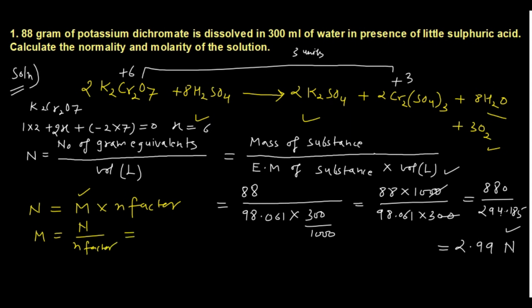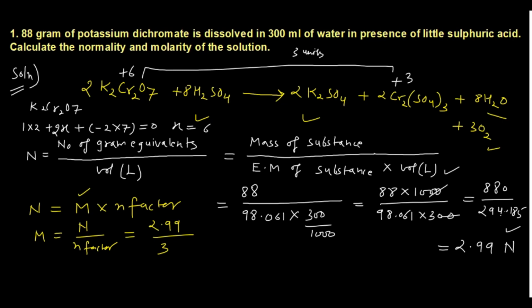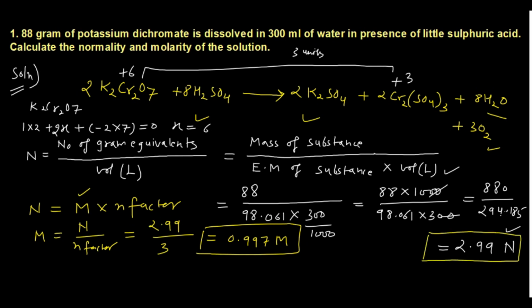Your normality you have calculated 2.99 and your n factor is 3 in that case, right? N factor is 3 for potassium dichromate when it is reacting with the sulfuric acid, okay? And when you solve this particular problem, this will give you 0.997 M. So this is your molarity, okay? And this is your normality, right? You should know these things. This is very, very important, right?